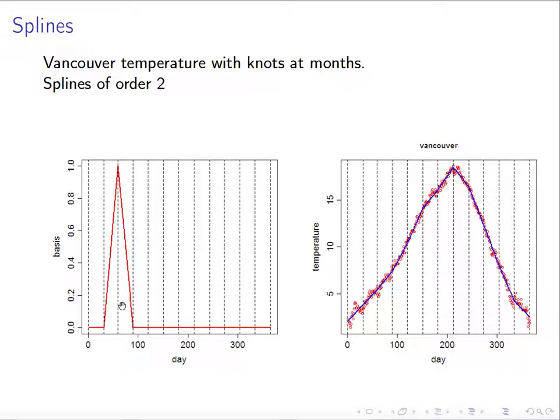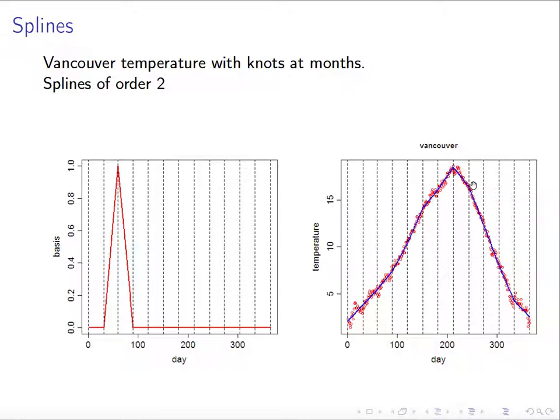Now we can use these order 2 B-spline basis functions to approximate the temperature curve, and you can see the curve becomes continuous. But it is not smooth; there is still a sharp change at the peak.